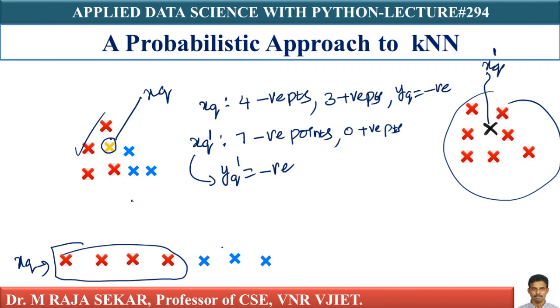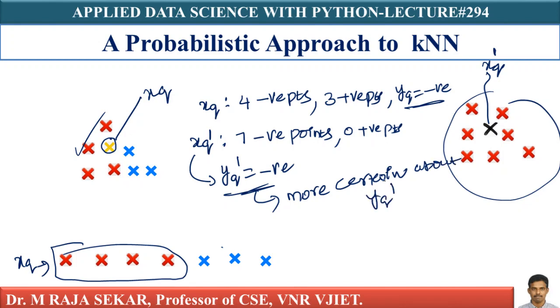Now if you say yq is also negative and yq dash is also negative, it's unfair because we are more certain, we are more sure about yq dash, isn't it?